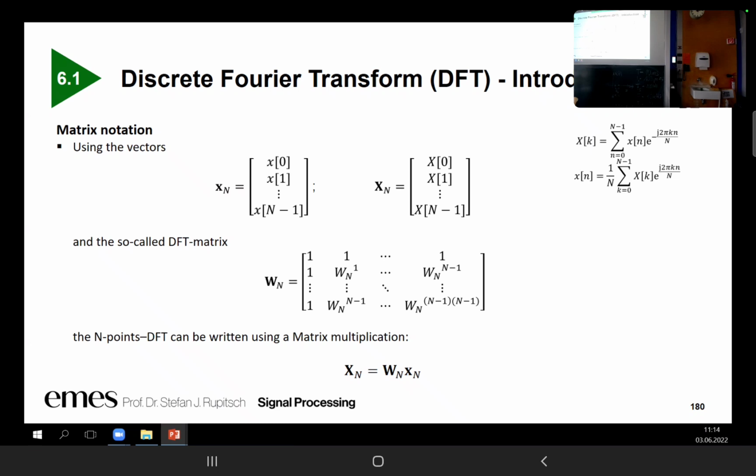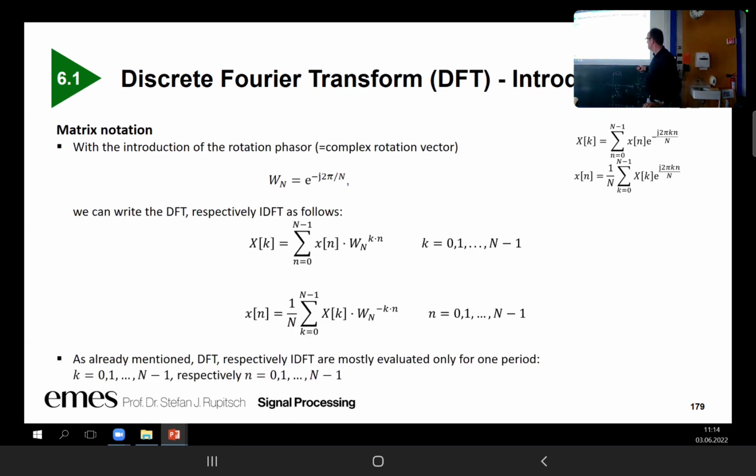The summation is done by the multiplication of, here we have the multiplication of this line with, for instance, this one. Then we always have this procedure that we multiply in this manner and we sum it up.